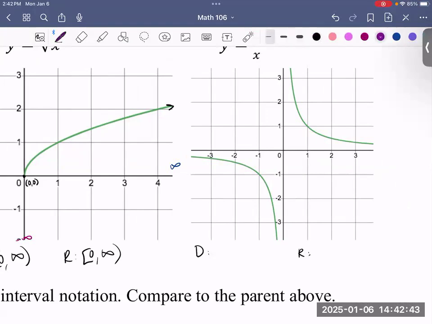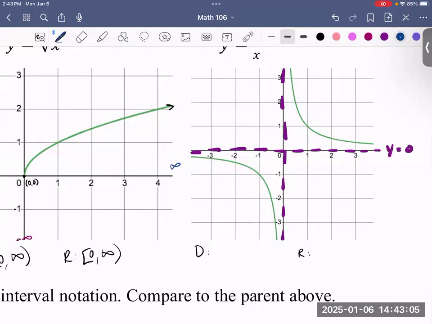Now, we haven't covered this quite yet, but these are called asymptotes when your graph behaves in such a way. It's just saying that your graph is not going to touch these axes. These are called asymptotes. So where do these asymptotes occur? Well, this one occurs when y is equal to 0.